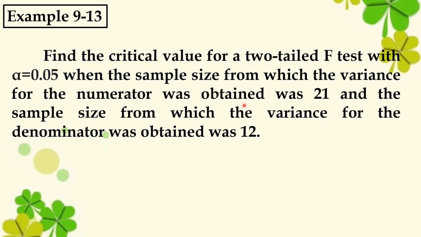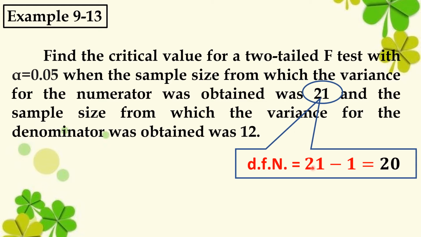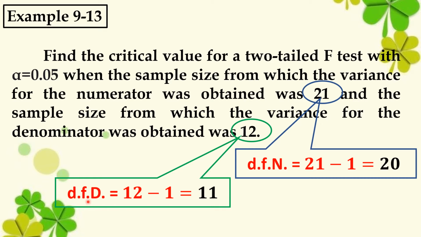So our DFN, or degrees of freedom for the numerator, is 21 minus 1 equals 20, while our DFD, or degrees of freedom for the denominator, is 12 minus 1 equals 11. So our DFN is equal to 20, while our DFD is equal to 11.